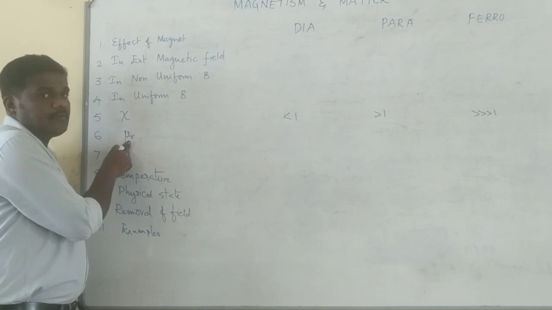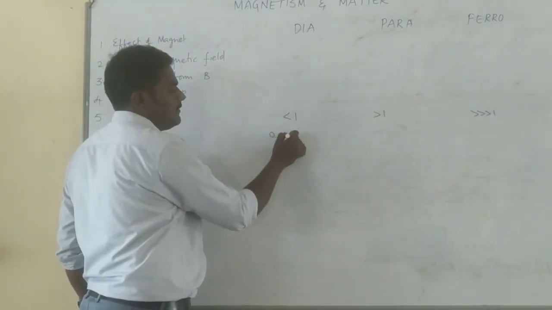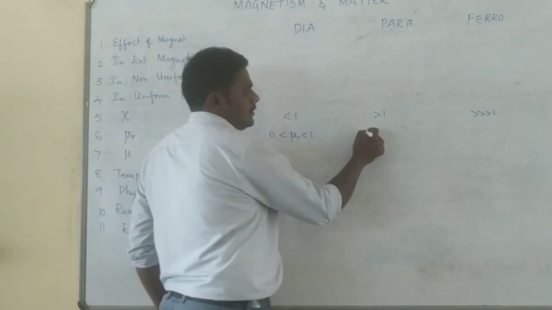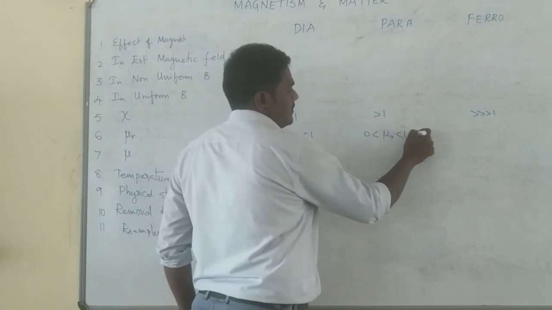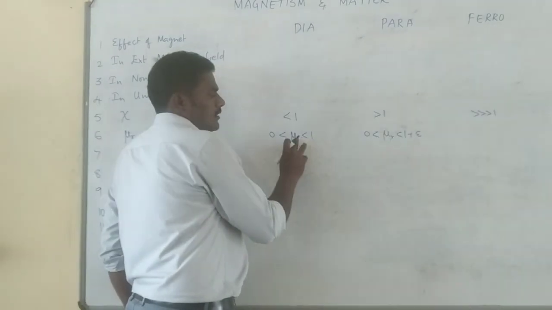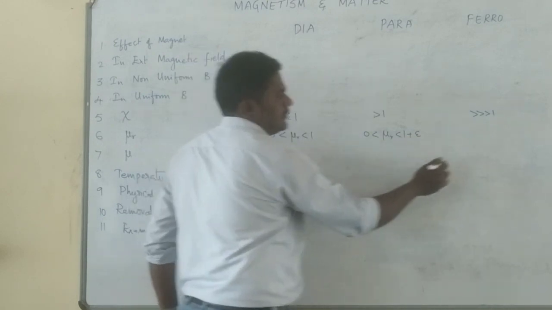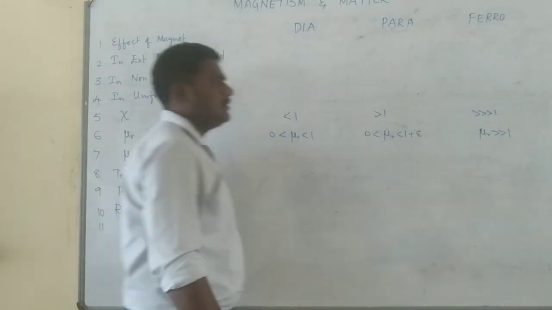It is known as relative permeability. The relative permeability for dia ranges between 0 to 1, for para between 1 to 1 plus epsilon, some small number. If you observe these two ranges, a slight increase in value is given here. And for ferro, it's far greater than 1.